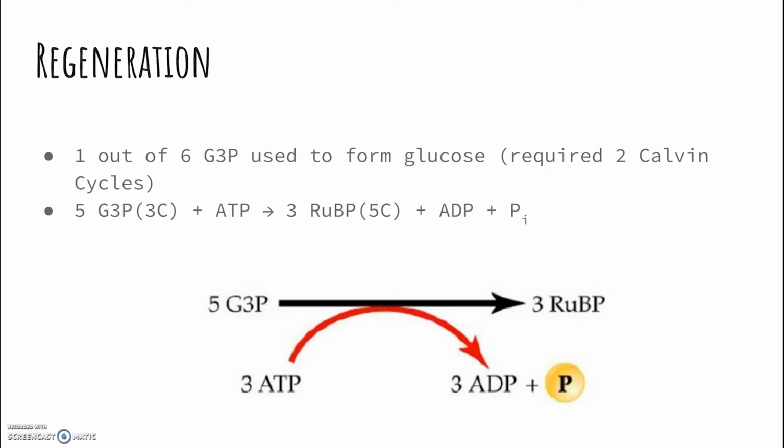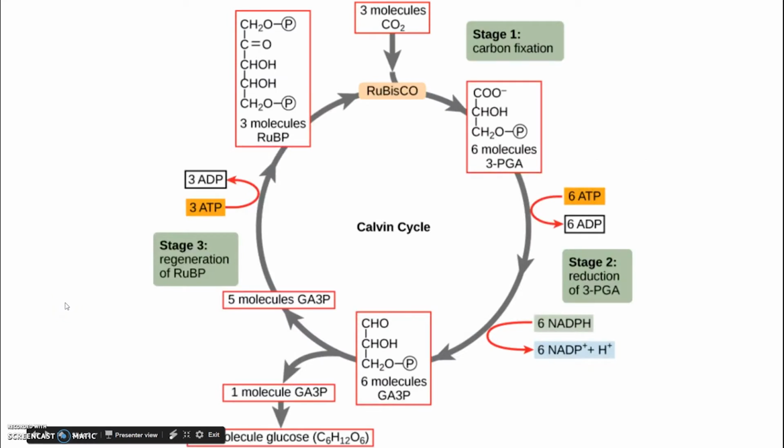The other 5 go through the regeneration process, in which each G3P takes up 1 ATP to make RuBPs. In the next slide, you will see the reaction for it. Here on the bottom, you have the 6 G3Ps, and as you see, it took 3 ATPs to make them into 3 RuBPs, and you can see that the amount of carbons is preserved because RuBP is a 5-carbon molecule and G3P is a 3-carbon molecule.